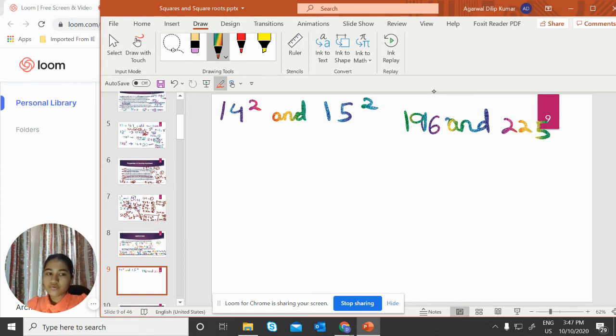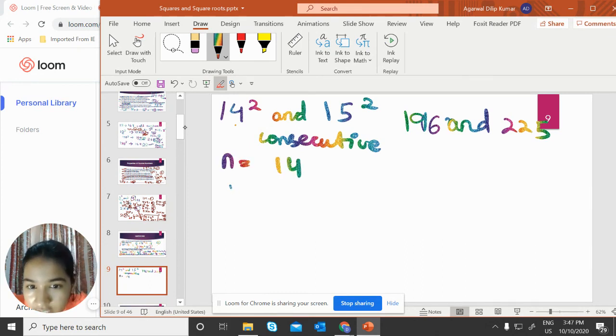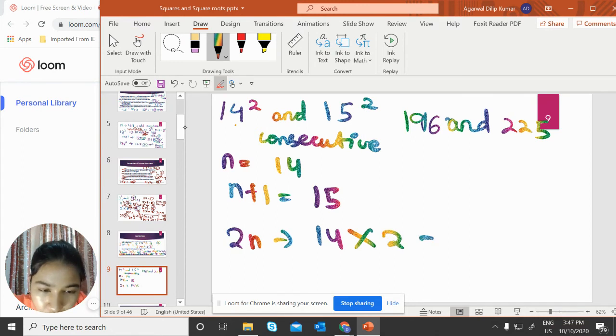If we count or subtract, no, that's not the method I told you. 14 and 15 are consecutive numbers, right? Consecutive in the sense they are next to next, like 3, 4, 5, 6, 7, 8. So if n is equal to 14, then n plus 1 will be 15. What is the method? 2n. That means 14 into 2. What will be the answer? 28.